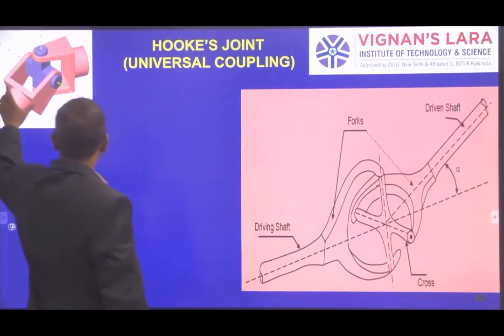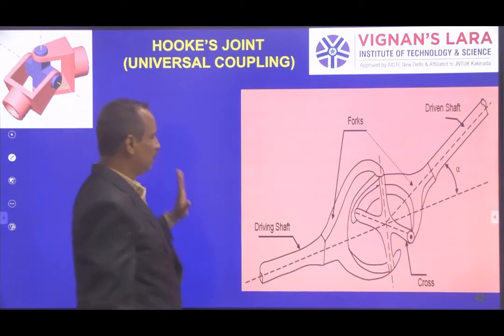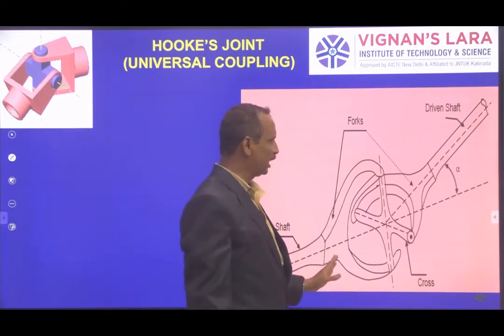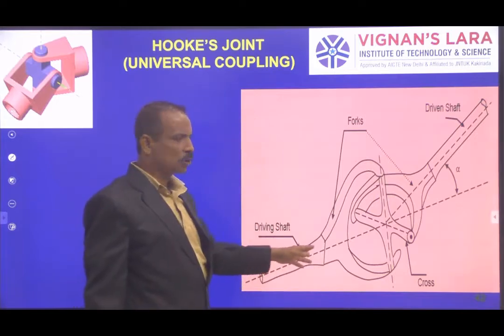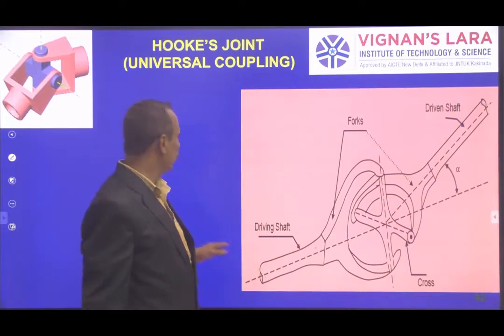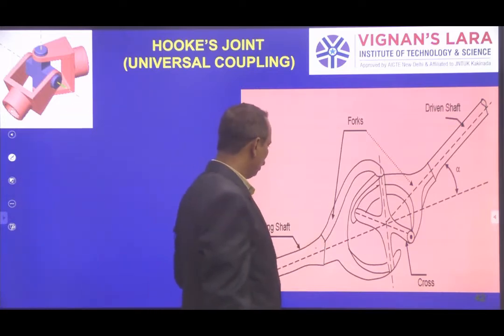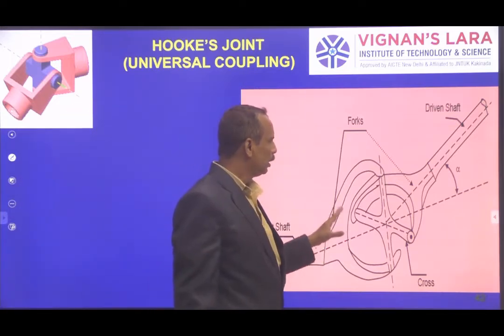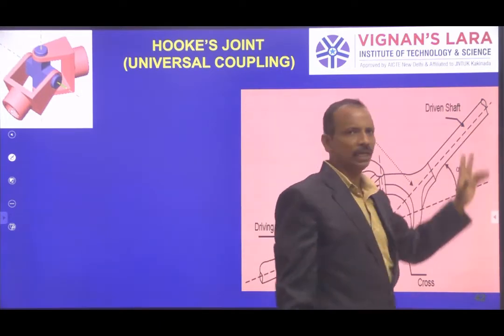Earlier, I showed this made as a fork with a shaft inserted. Whereas in this diagram, it itself is made like a solid bar. Without inserting, you can observe the driving shaft end is made like a C-clamp and the driven shaft is made like a C-clamp.